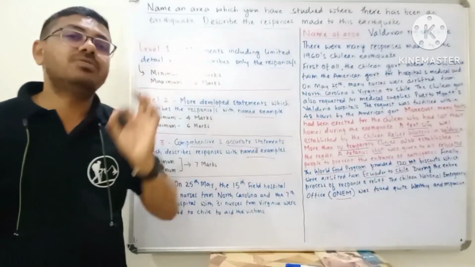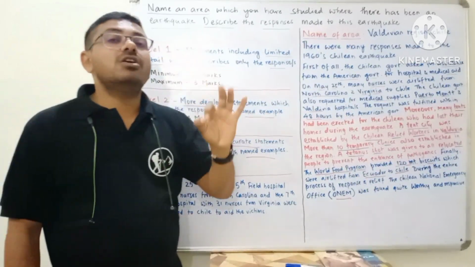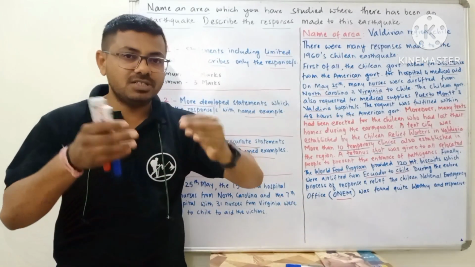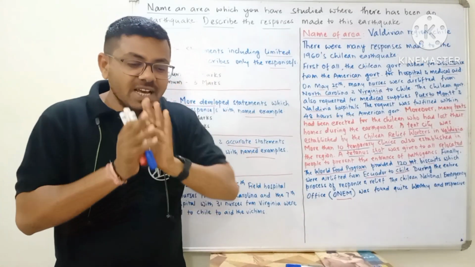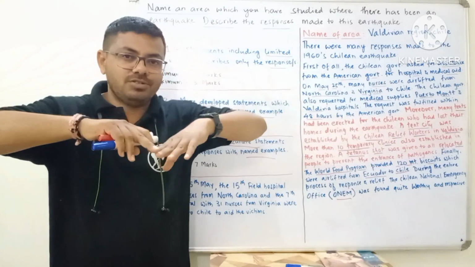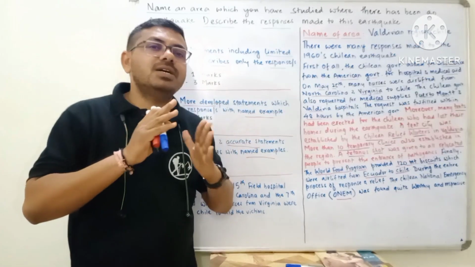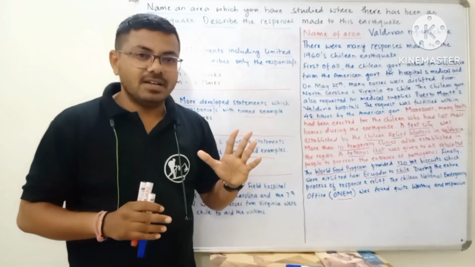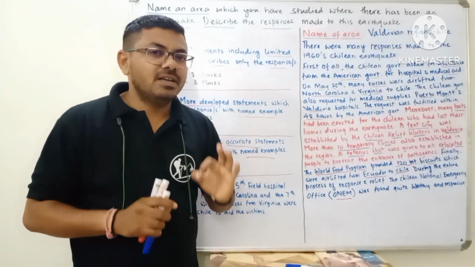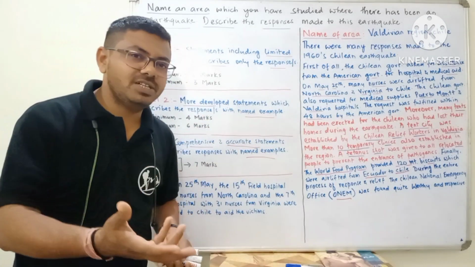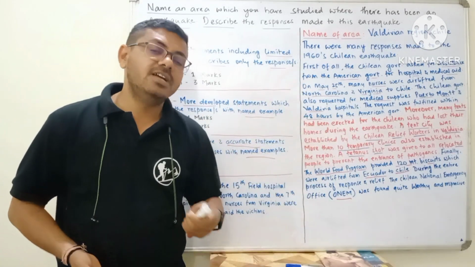So remember that when you write about the area, it should not be a city. Okay, region, Valdivian region means it not only covers the city, it covers the surrounding area also, right? Don't write the name of the country in area. Okay, an area you can write as eastern coast, western coast, central region, central province, right?